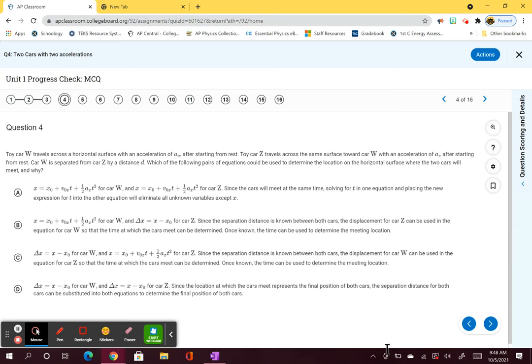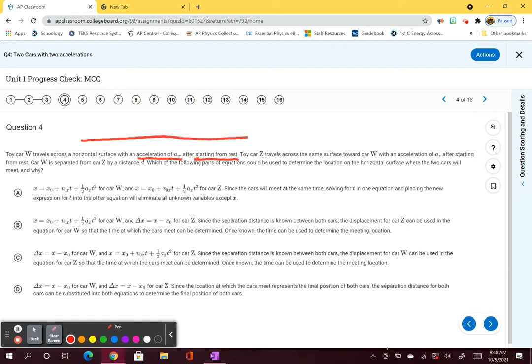We have a toy car W traveling across a horizontal surface with an acceleration of AW after starting from rest. Let me write that down. We have an acceleration of AW, it starts from rest, and it's traveling across a horizontal surface.